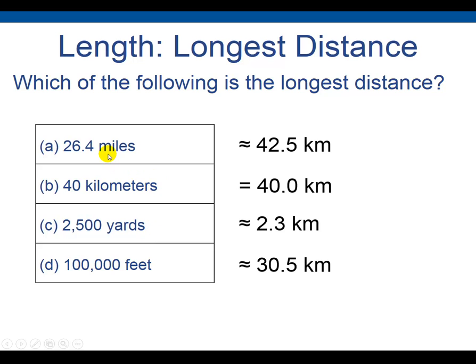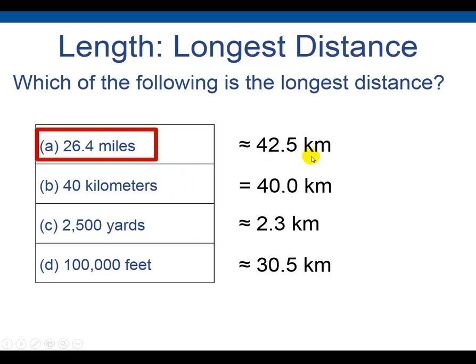We can always convert these units to kilometers. In this case, in B, we don't need to convert it, just 40 kilometers. The others we need to convert to kilometers. In kilometers, we found that 26.4 miles is the longest distance among the others.